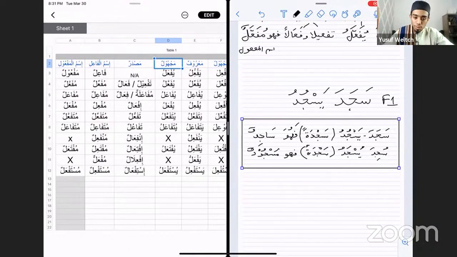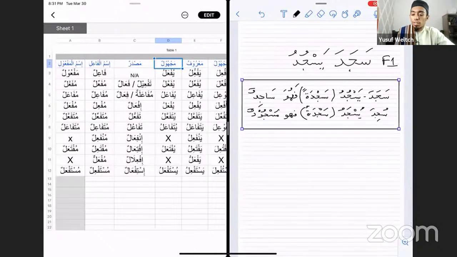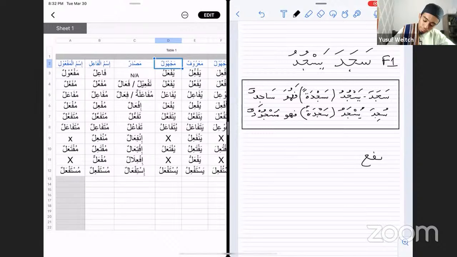So who would like to practice this model? But we're going to give new root letters. So I'll give you the new root letters, and I'll tell you what the root noun is for that form 1, because form 1, there's no set in stone root noun. You'd have to just discover it from the dictionary. Right, so let's, for instance, just use the word nafa'a. Nafa'a, right? And the mudara is yanfa'u.